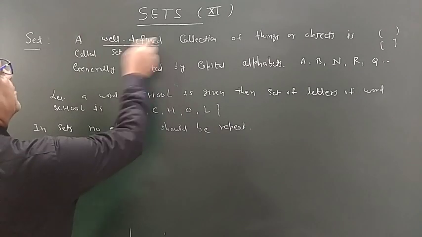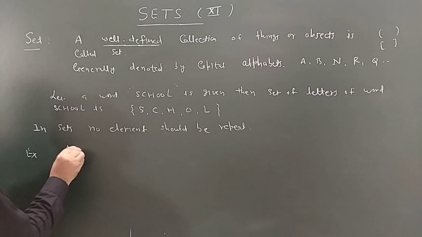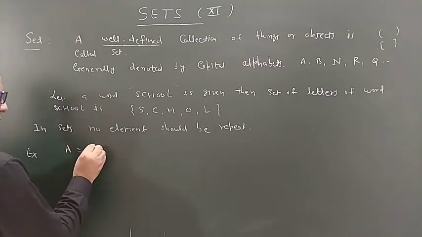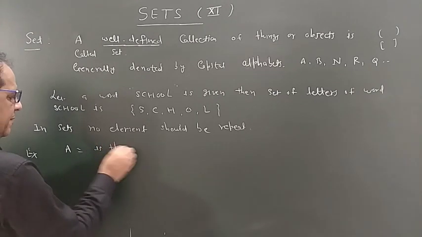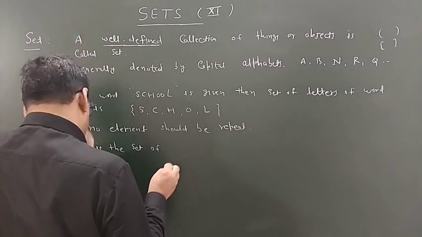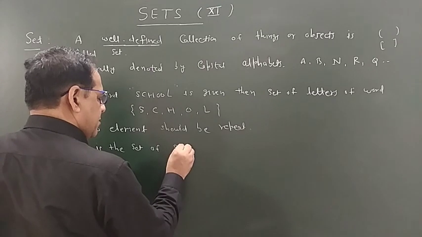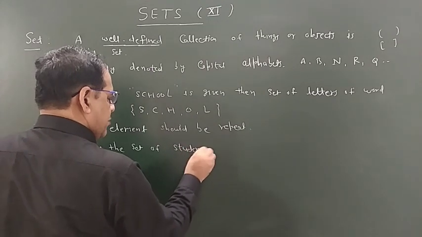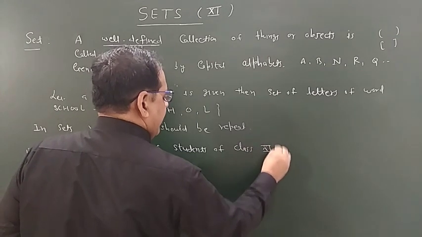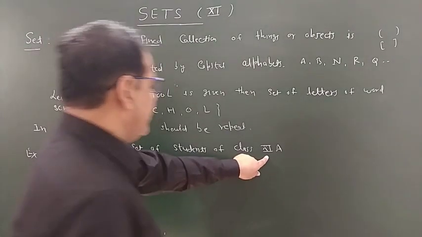Now the signs of well-defined. For example, A is the set of students of class 11th A. There is no problem.